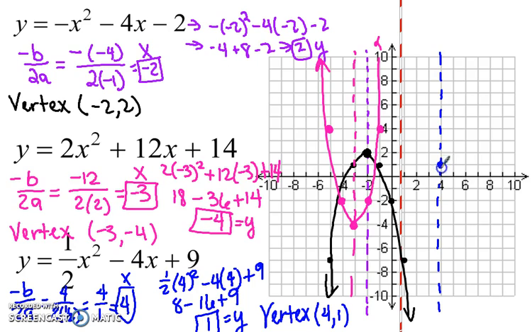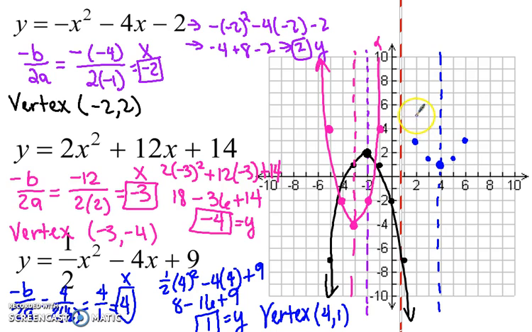So 4, 1. And we're half as tall. So we're going to go up half because we're not going up all the way to 1. We're going up halfway, then over 1 both ways. And instead of going up 3 from there, we need to go up 1.5. So half, 1, over 1, half, 1, and over 1. And then instead of going up 5, we're going to go up 2.5.